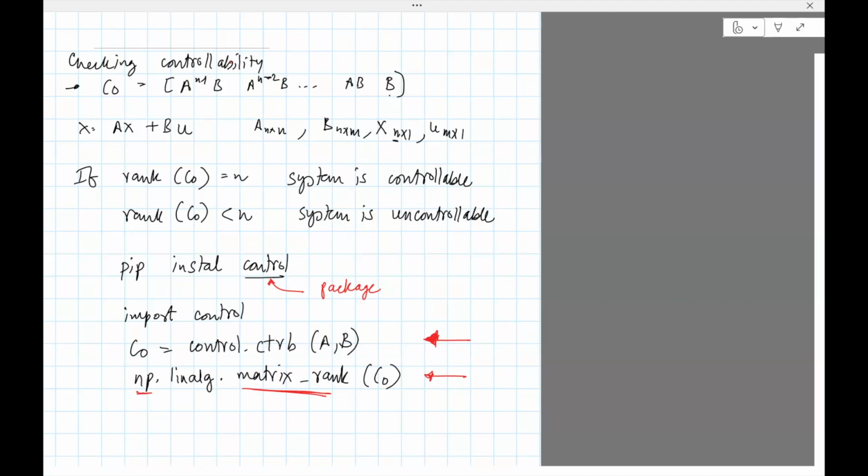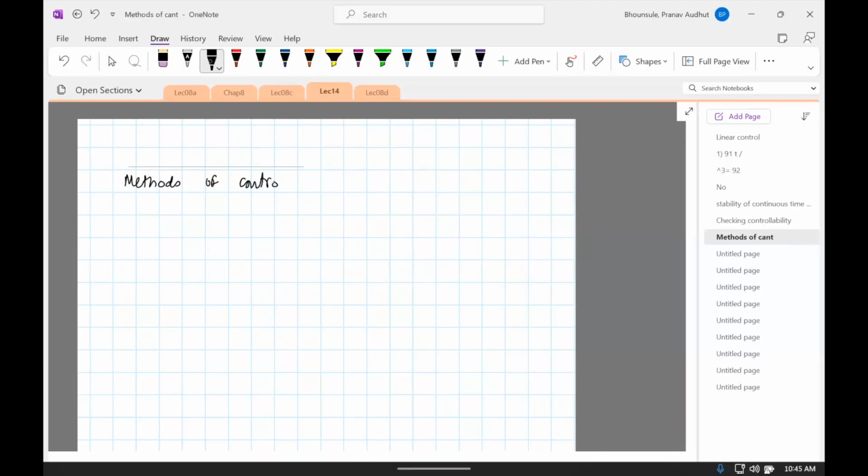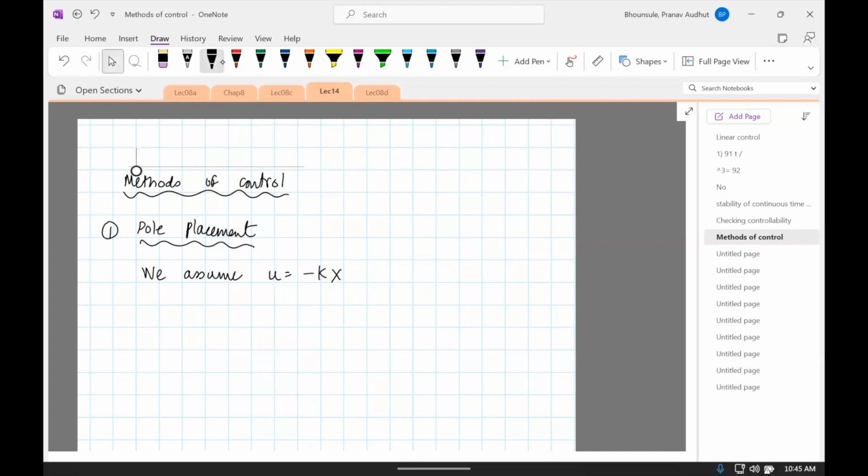Without this step, you don't want to do the next step, which I'll talk about now: types of control. Number one is pole placement. What we do is assume a feedback controller u equals minus K times x, where K is a user-chosen gain matrix.